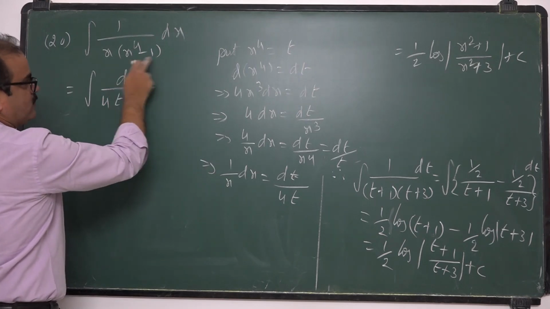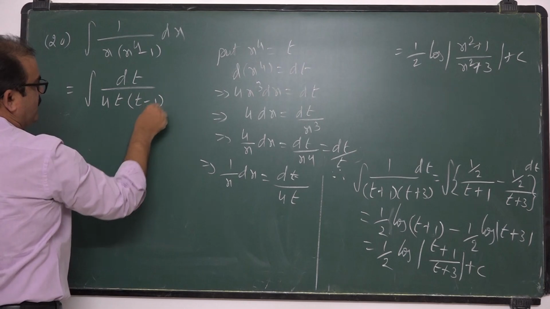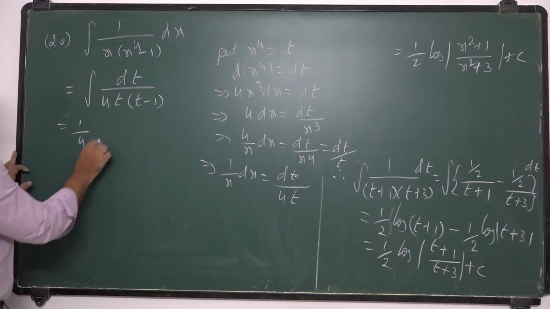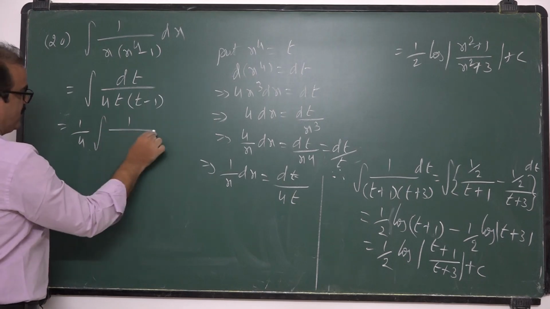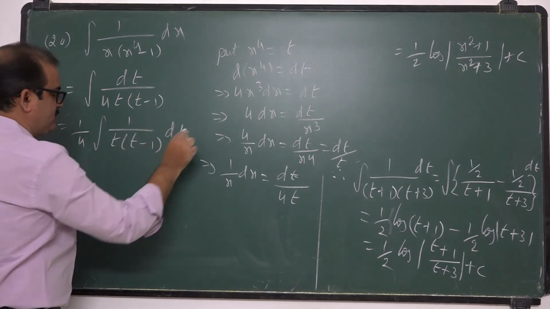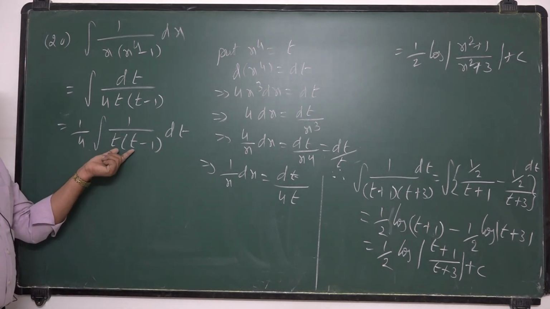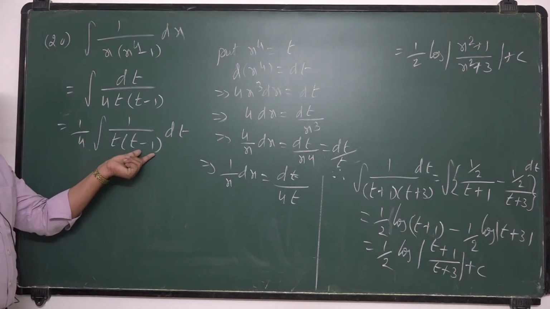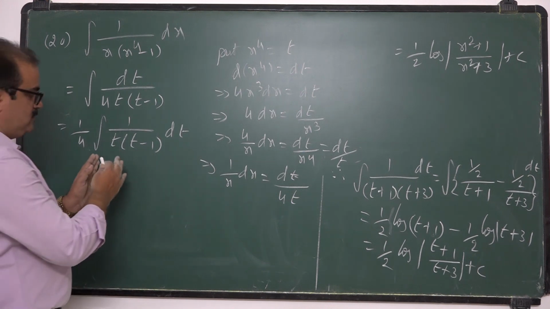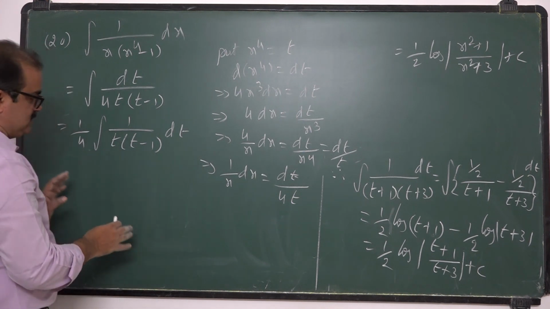Now this problem becomes the integral of 1 by x dx, that is taken as dt by 4 into t, into x power 4, that is t minus 1, that is 1 by 4 into the integral of 1 by t into (t minus 1) dt. We write it as a by t plus b by t minus 1 and find the values of a and b, and then resolve into partial fractions.